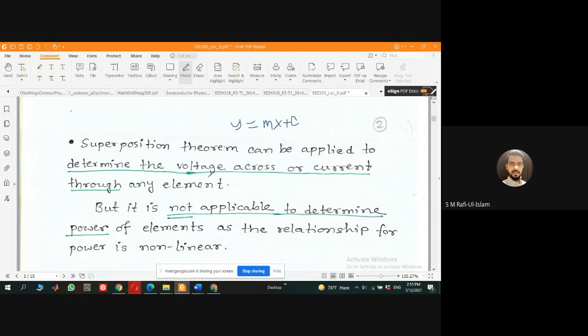Now I have a question. Although it's not part of your course, I want to add that part. If I replace the capacitor or inductor or resistor with a nonlinear circuit component such as a diode, rectifier, or silicon controlled rectifier, can we apply the superposition theorem if we have a diode in our circuit?